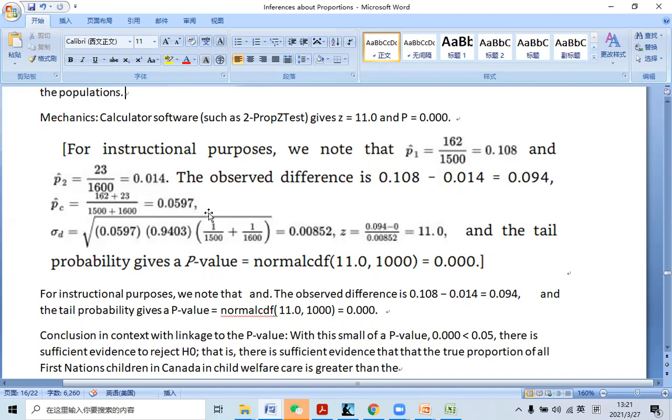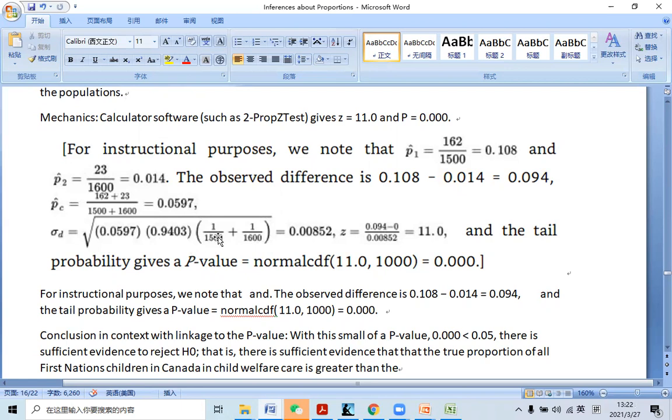Now you use this proportion to estimate the difference in standard deviation. So this is the pooled difference in proportions: 5.97% times the complement.